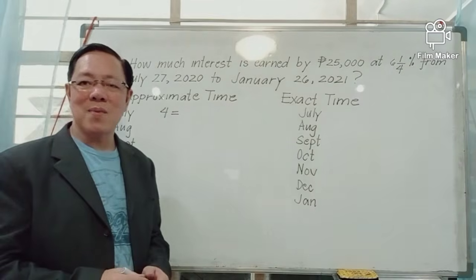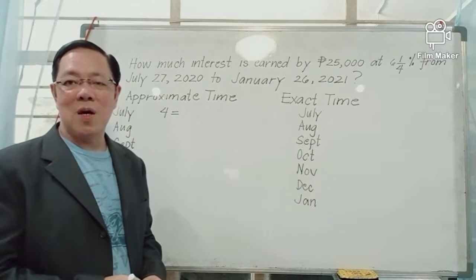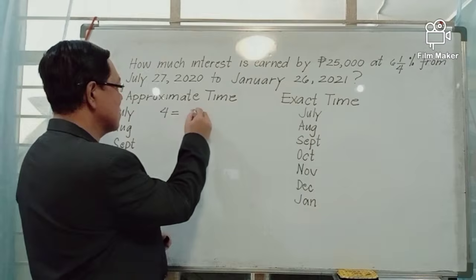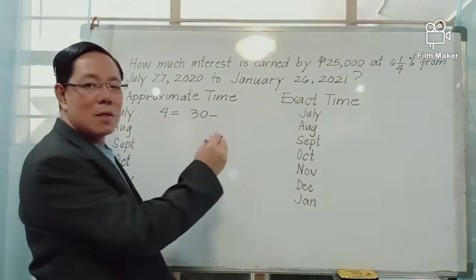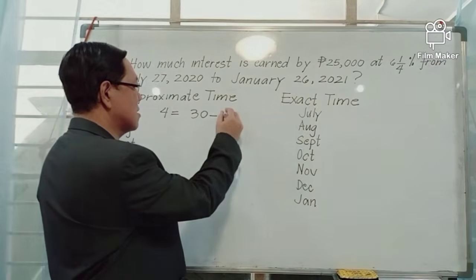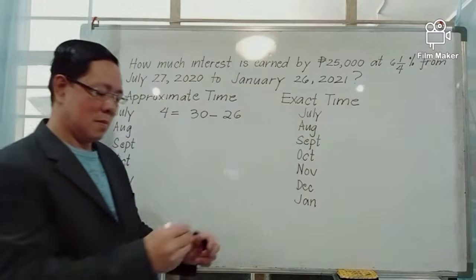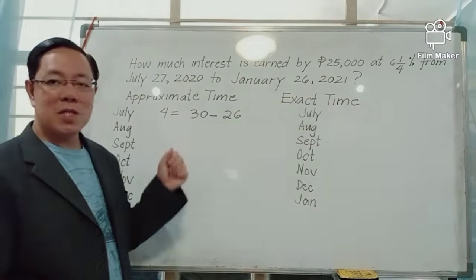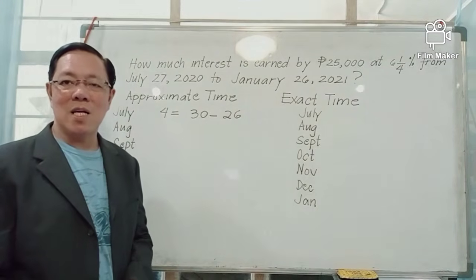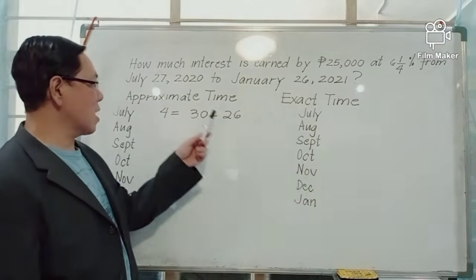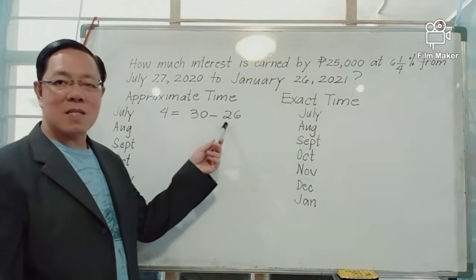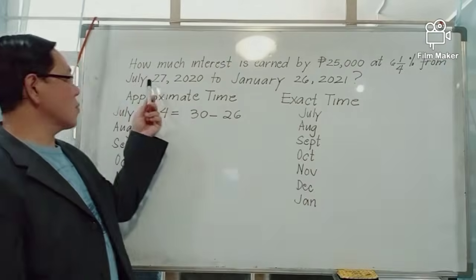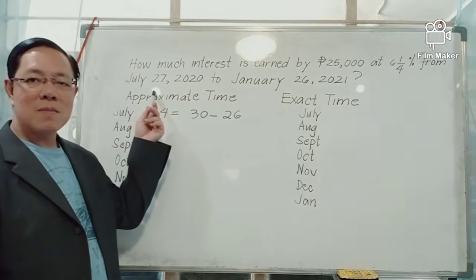But 4 days can be obtained by subtracting 26 days from 30 days. 30 because we assume that July has 30 days for approximate time. And 26 is obtained by subtracting 1 from 27.